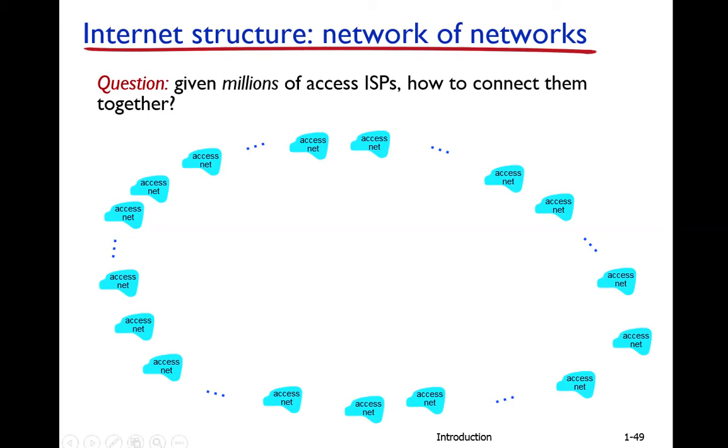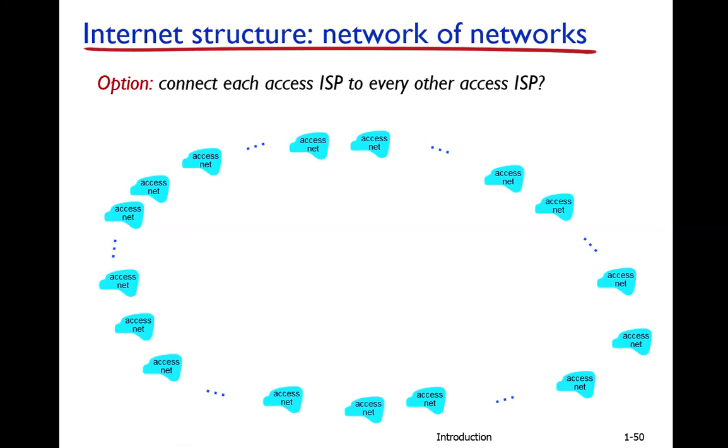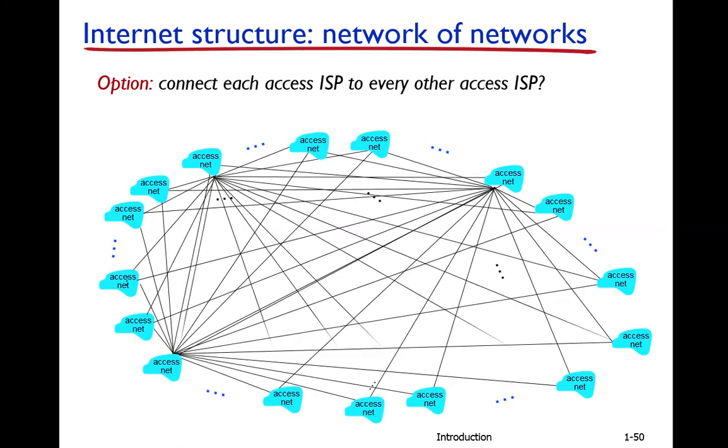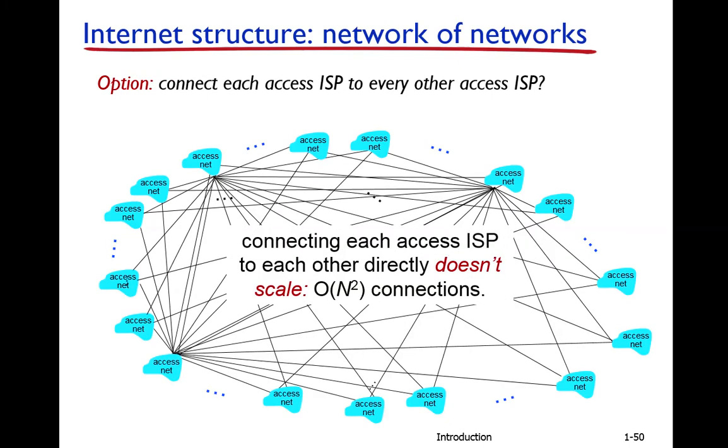Okay, so one approach could be that these ISPs can be connected with each other directly. But we have discussed that this approach is not feasible, because it is not scalable; in this case, we will need O(n squared) number of connections. So an access ISP in Pakistan would have to connect to an access ISP in the US, which is impossible.